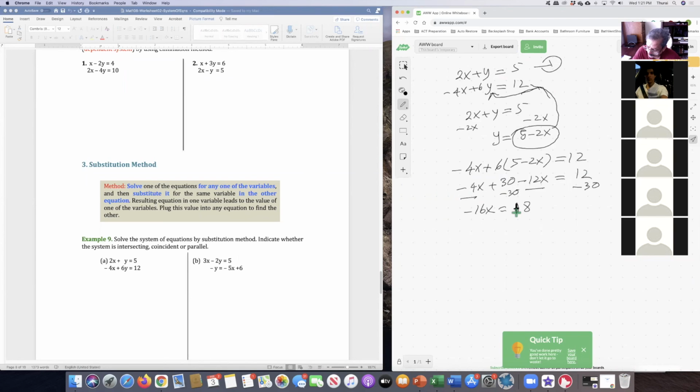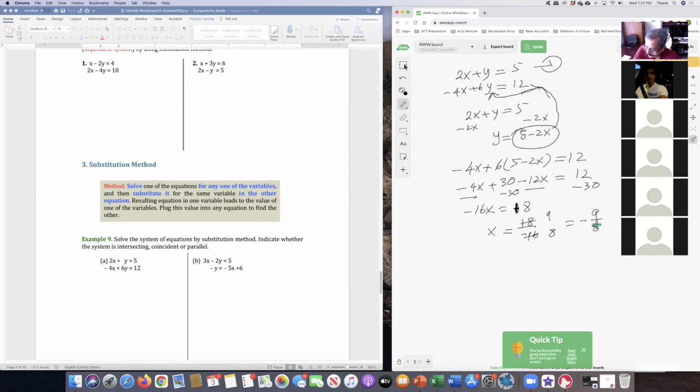So divide both sides by negative 16, x equal to negative 18 over 16, which reduces to minus 9 over 8. So we found the x.